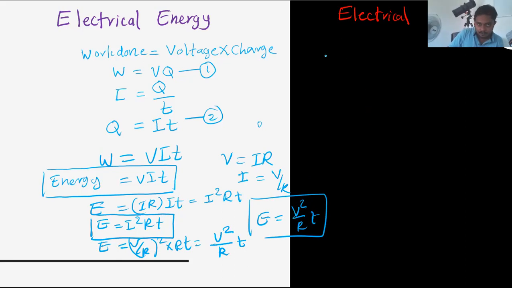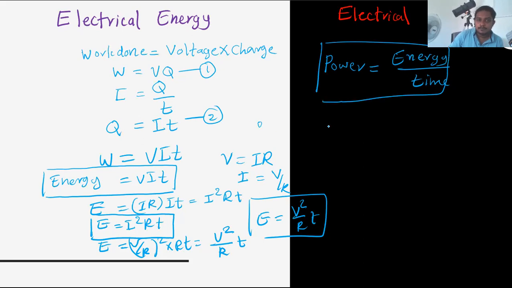Power, we know from mechanics, is energy over time. Power is energy over time. By using all the energies we can derive the power equations. First we have VIT over T. The second equation we have is I squared RT over T. And the third equation we have for power.